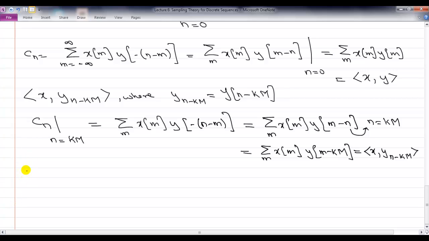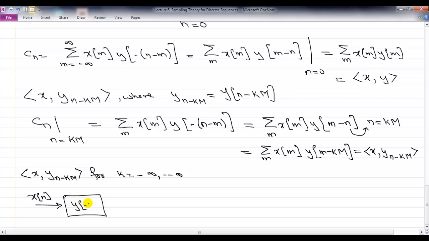So if I want to compute the inner products of x and y[n-kM] for k from minus infinity to infinity, the way to do that will be simply: I get my sequence x[n], then I filter that with y[-n], and after that I sample it at multiples of M. And for sampling, we use this notation M. The output of this operation, filtering and then this decimation, downsampling, sampling, whatever term you want to use, is equivalent to computing inner products of x with all possible shifts of y.